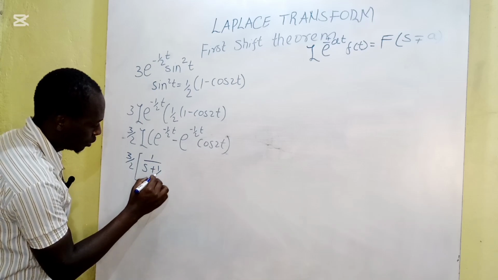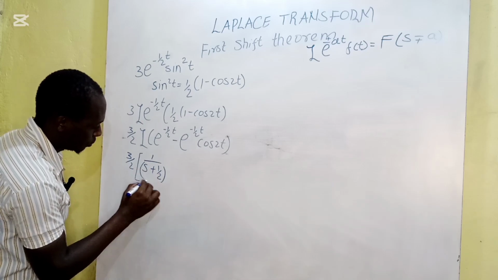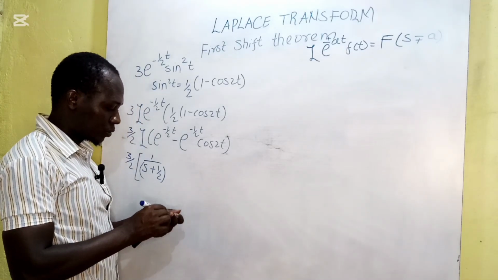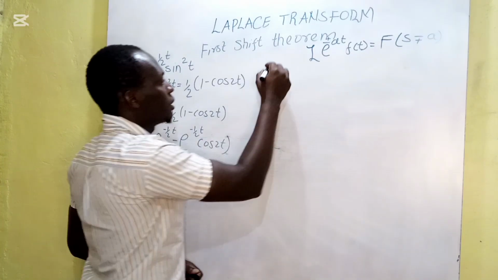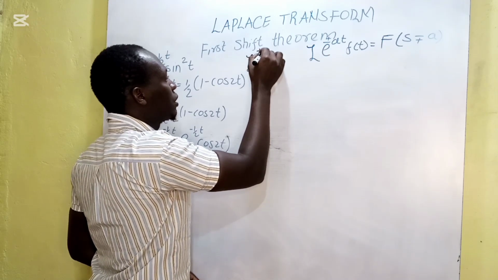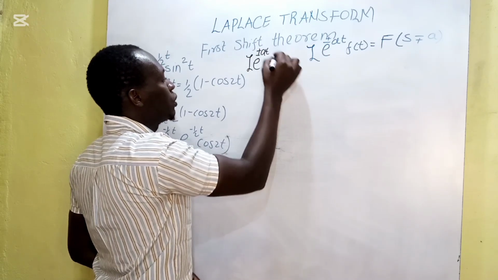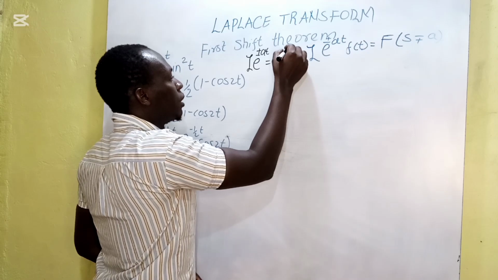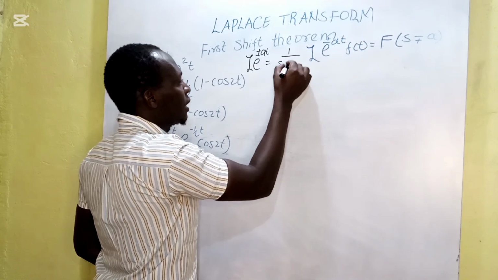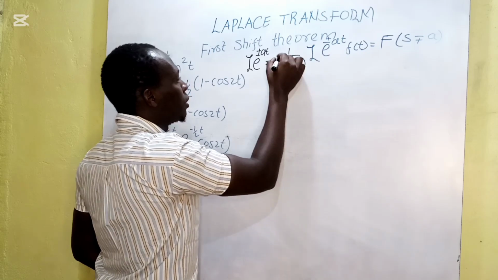We add a half, because we understand that the Laplace transform of exponential positive or negative at is equal to 1 all over s negative or positive of a.